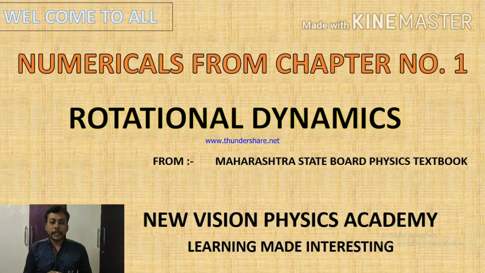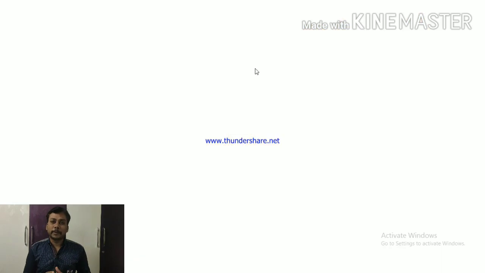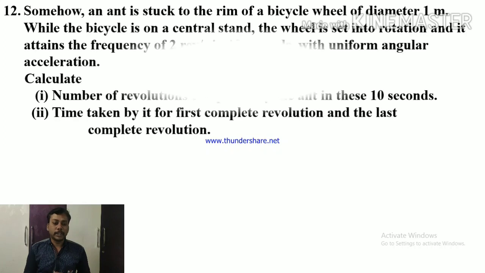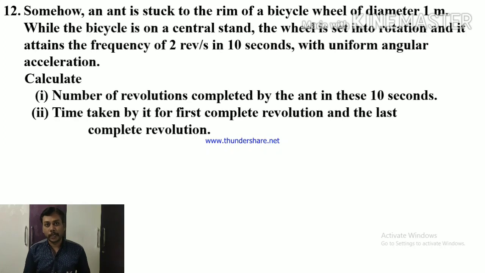The first example is example number 12, because up to number 11 some theory questions are given in the textbook. Question number 12 is the first numerical asked in the textbook. An ant is stuck to the rim of a bicycle wheel of diameter 1 meter.